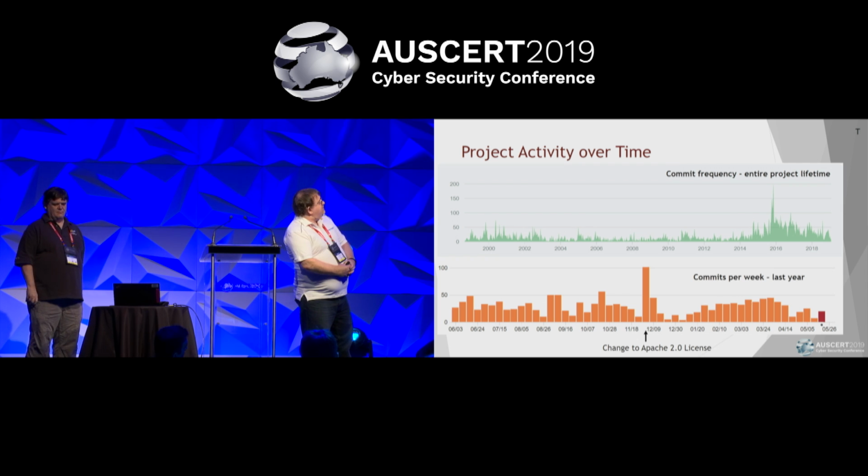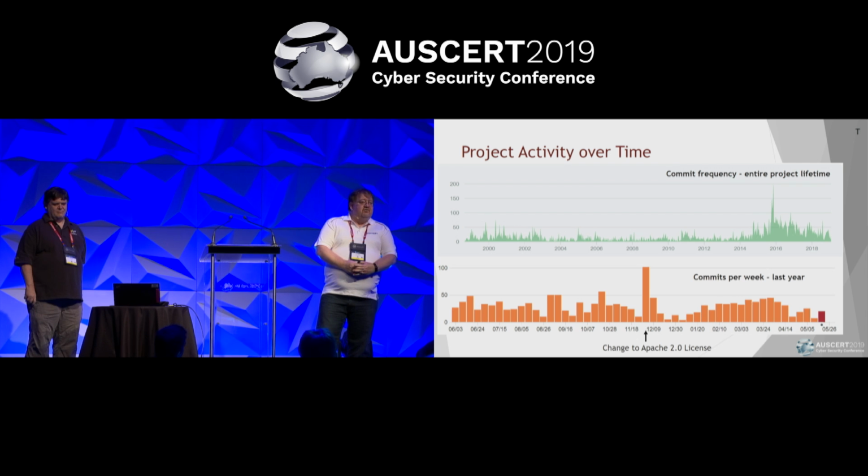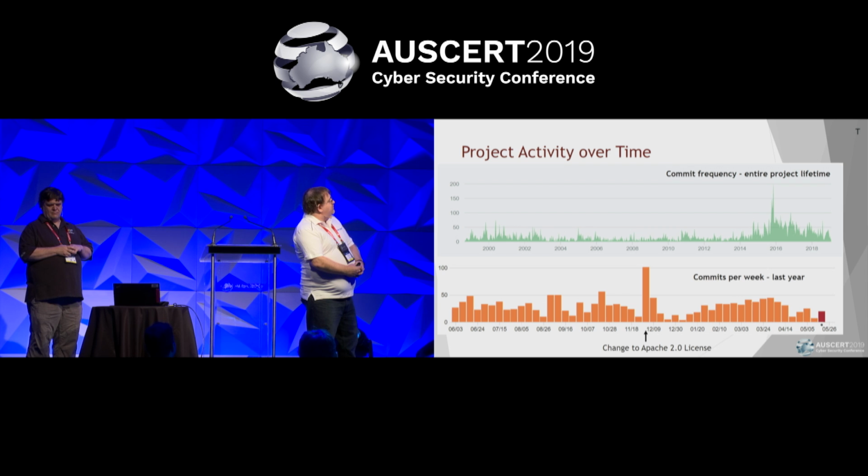So there's a 10-year period in the middle there where not an awful lot was going on. And then in 2014, we started to reinvigorate the project, get more people involved, take on more work. More people means you can do more things. Doing more things means you can support more concepts, adding additional capabilities and things along those lines.